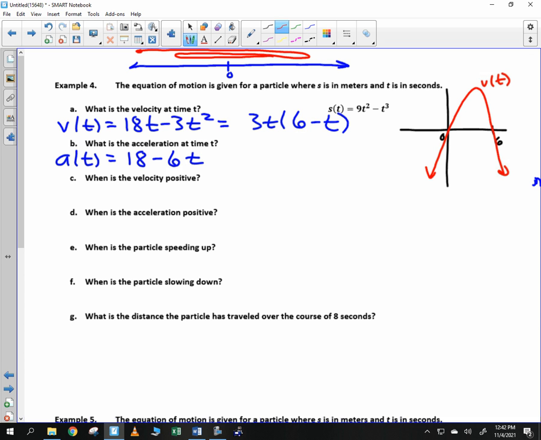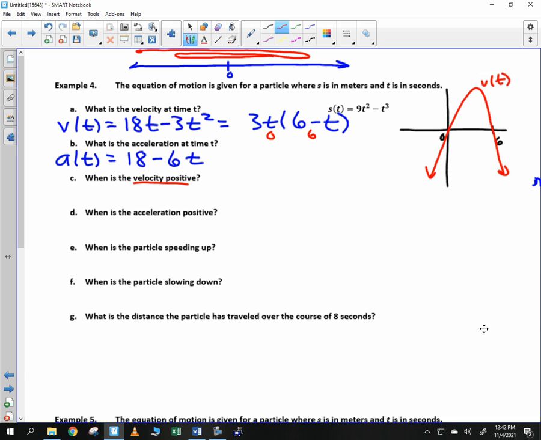Okay? Now if I factor it to this, I can see that the solutions of 0 and 6 tell me where it crosses the x-axis. So the question is, where is the velocity positive? What does it mean for a graph to be positive?